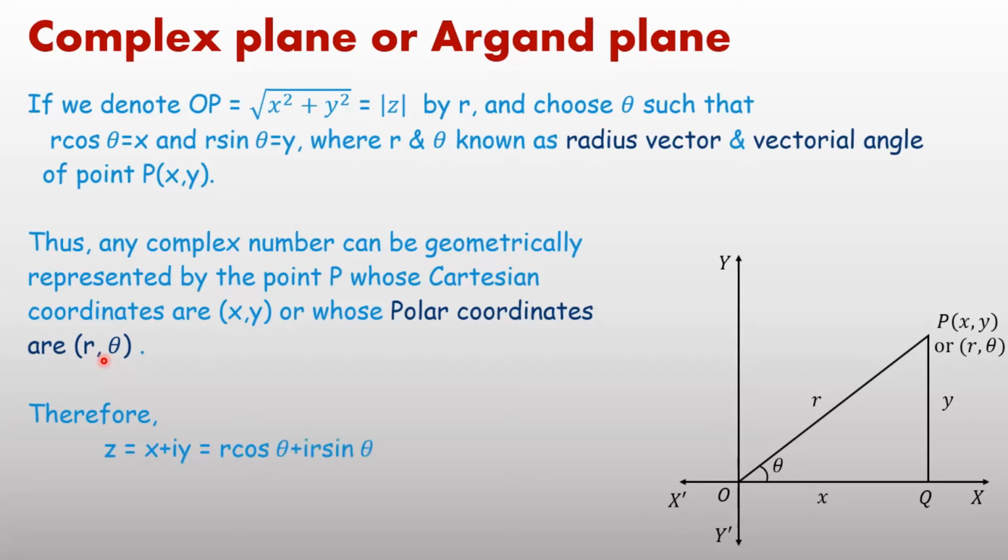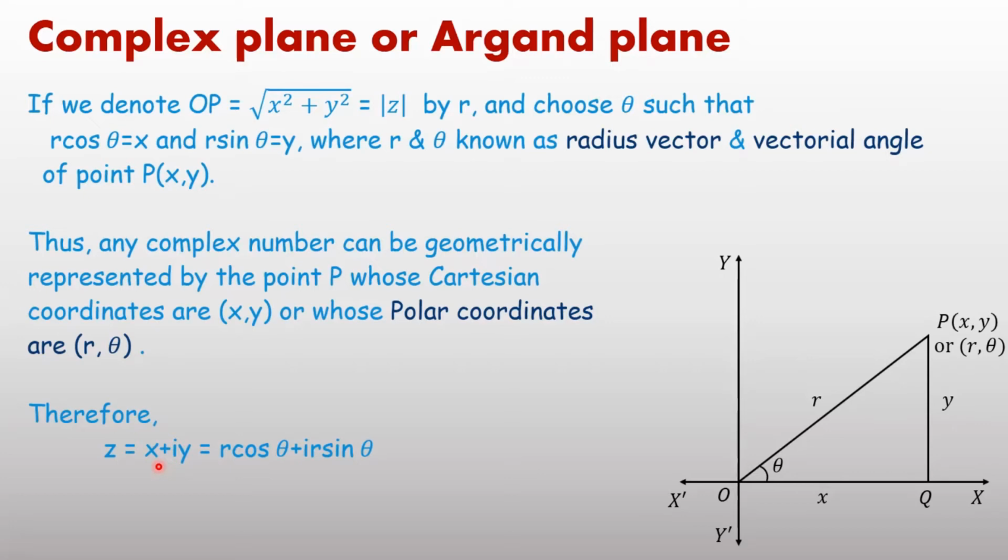Therefore, z, which we can write as x plus iy, equals r cos theta plus ir sin theta. Here in place of x we have r cos theta, and y means r sin theta. So the polar form of the complex number x plus iy equals r cos theta plus ir sin theta. It is known as the polar form of a complex number, and x plus iy means the Cartesian form of a complex number.